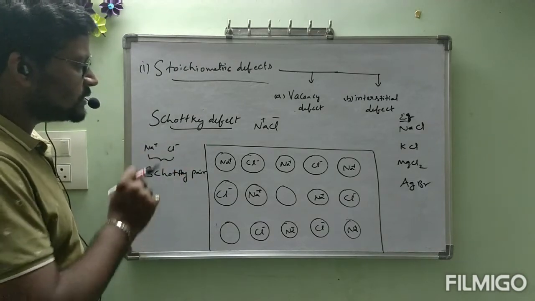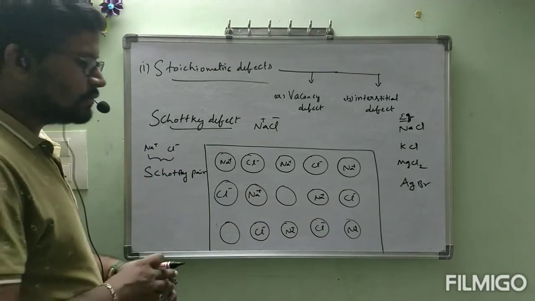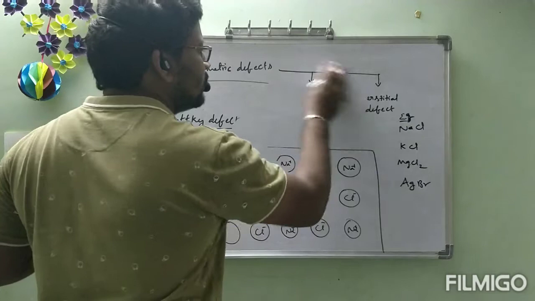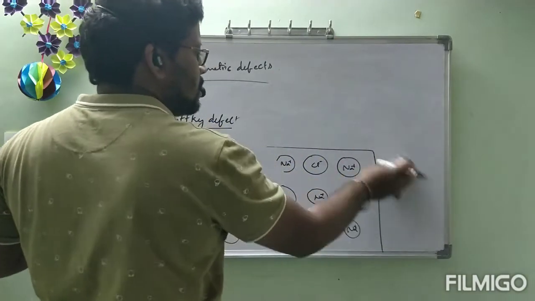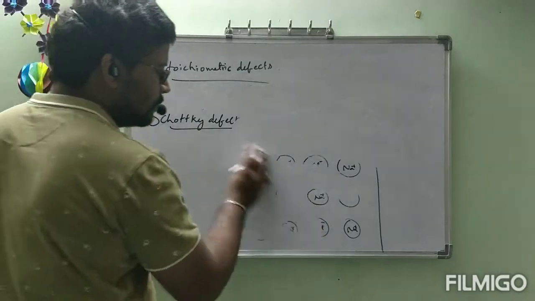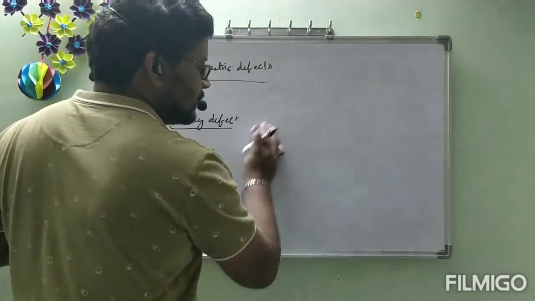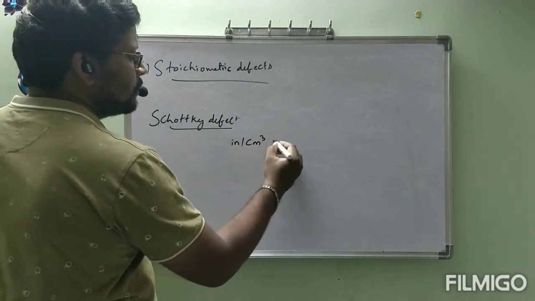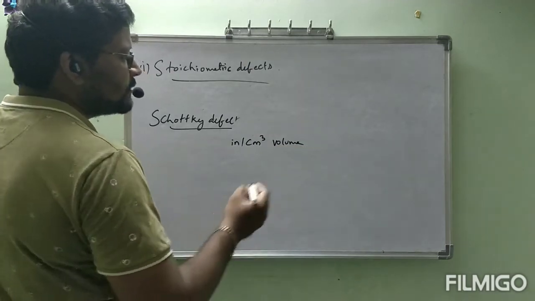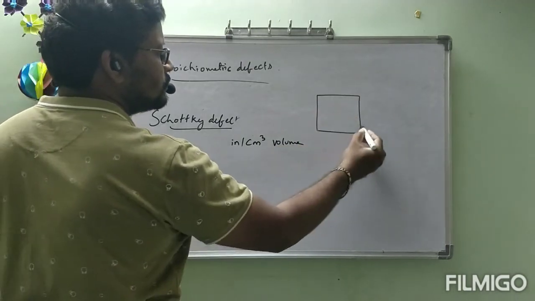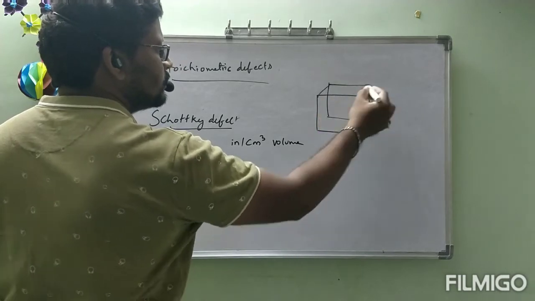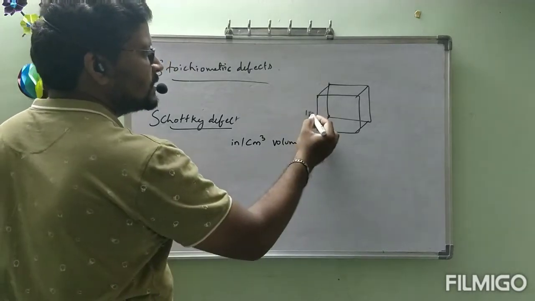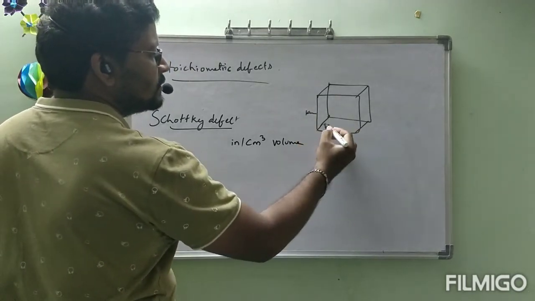And one small piece of information is there in Schottky defect, that I will say now. Next, in 1 centimeter cube volume, if you take a cube like this, this is 1 centimeter, and breadth also 1 centimeter.